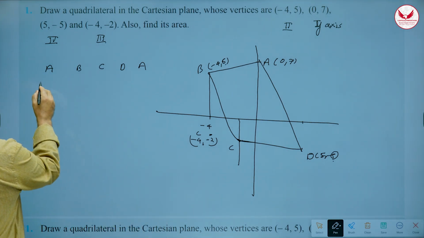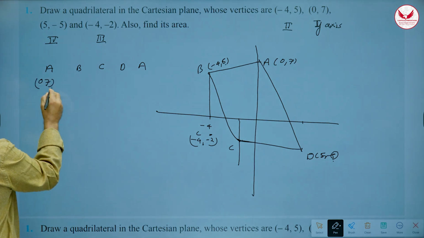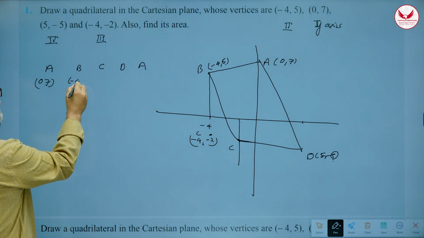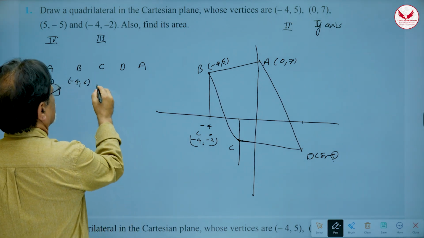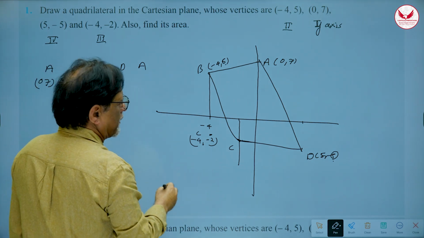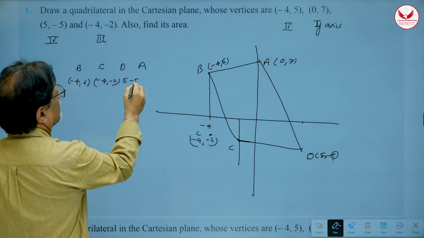So A has coordinates (0, 7). B has coordinates (-4, 5). C has coordinates (-4, -2). D has coordinates (5, -5).